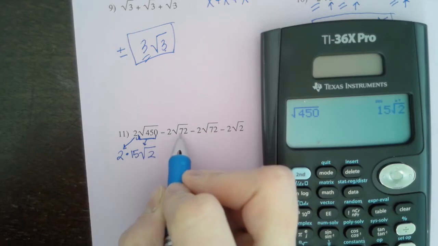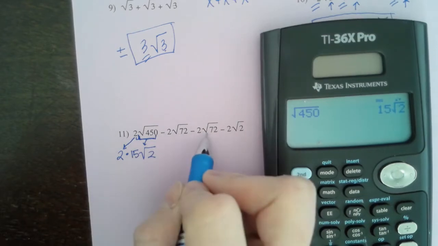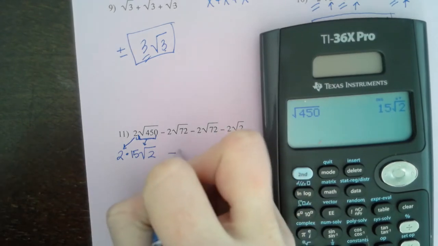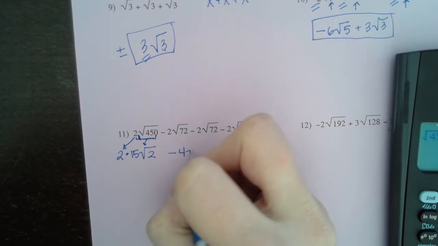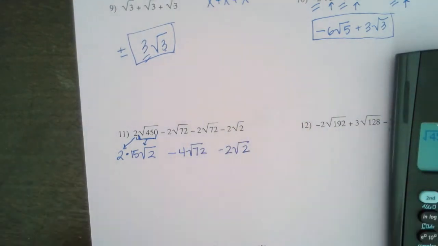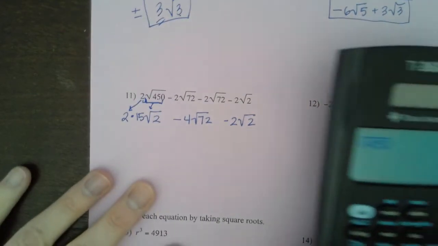If I have my root 72 and another root 72, and then I can combine these, one of them is a negative 2 and the other is a negative 2, so that gives me negative 4 root 72s, and then I got this negative 2 root 2 hanging out over there. We're going to do the same thing that we did here for this cute little root 72 and see if that works.